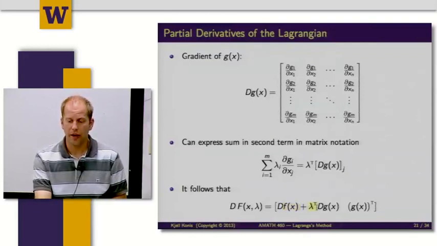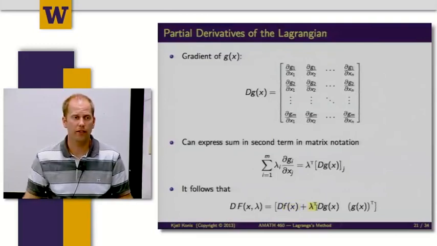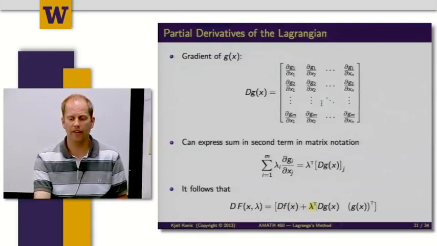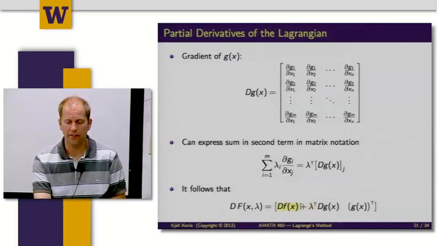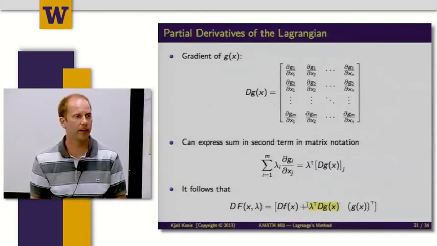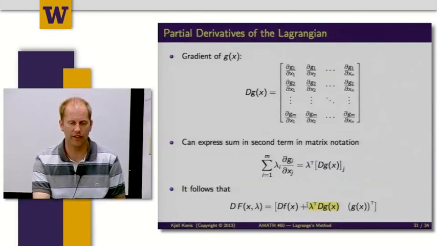And then lambda transpose is also going to be a row vector, and I'm going to multiply that by an n by n matrix, so it stays a row vector with n elements. So this term is a row vector with n elements, and this term is a row vector with n elements. And so I can do the sum just by doing the summation element-wise. And I end up getting exactly what I had in the sum formula on the previous slide.